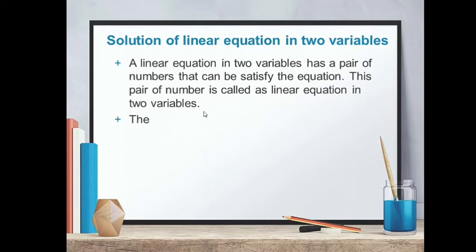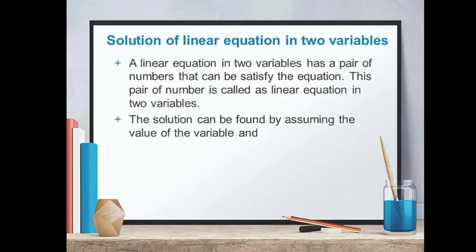The next point is: the solution can be found by assuming the value of one variable and then proceeding to find the other. To find the solution we have to assume values of the variables.